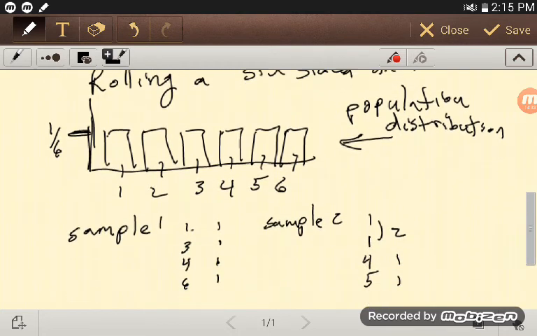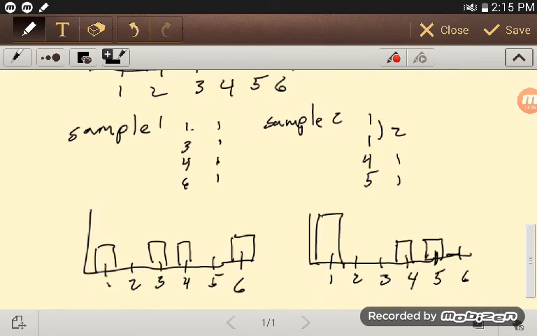Versus if I go out and I do a survey, something like a sample or whatever, or I do an experiment and I look at, you know, I bring some people in, or I work with some plants or something like that. But if I use any sample, see, I don't expect my sample distribution to look quite exactly like my population distribution.